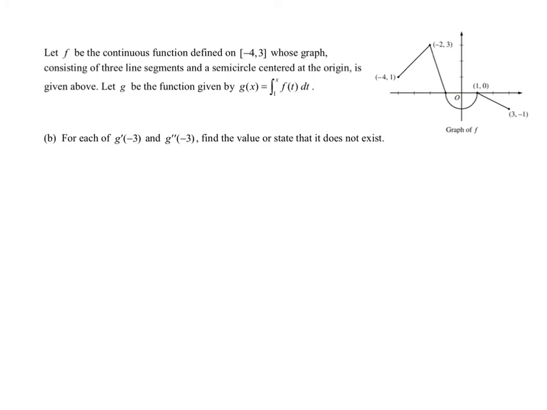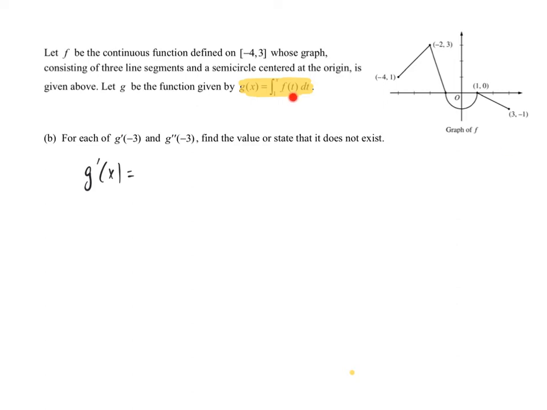In part B, the question is asking us to find g prime of -3 and g double prime of -3. So we'll start with g prime of -3, and in order to find that, it's probably a good idea to think about what g prime of x is. Notice up here, my function g of x is the integral from 1 to x of f of t dt. In order to take the derivative of that integral, we're going to use the second fundamental theorem of calculus.